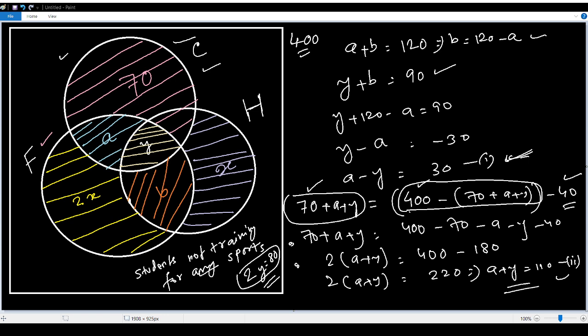So that is 70 plus 70 plus 40 plus 50 plus 3x equals 320. 140, 180, 230 plus 3x. X is 30. Therefore, 2x is 60. Did you understand this?